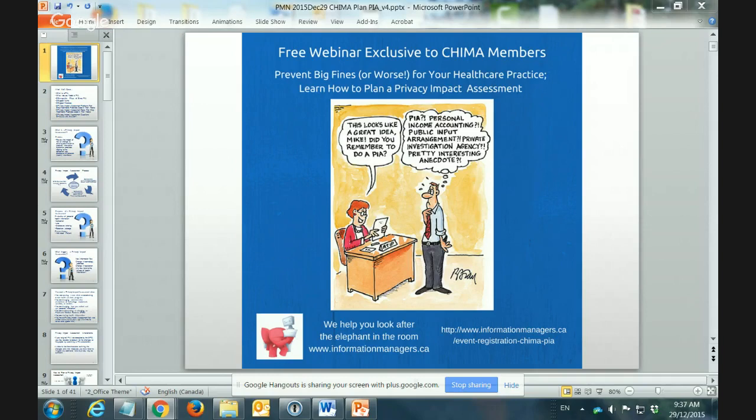If you are currently a privacy officer, a risk management officer, or participate in planning committees or implementation of electronic medical records, information sharing, patient portals, or new technology, if you are a clinic manager, a practice manager, or practice in a private healthcare practice or in a larger facility run by a health region, if you are a health records manager or a supervisor, or work for a vendor that supports healthcare practices, this is the webinar for you.